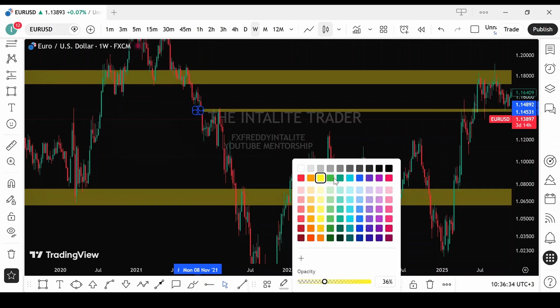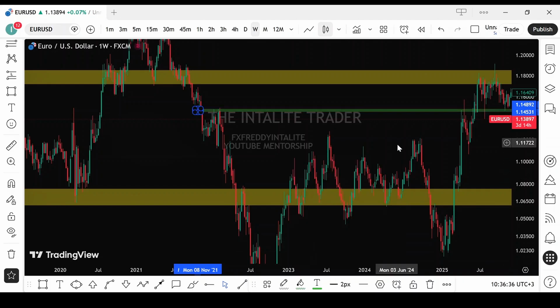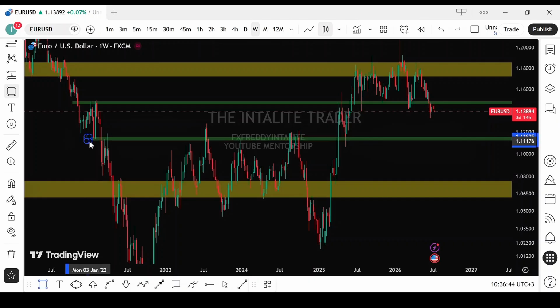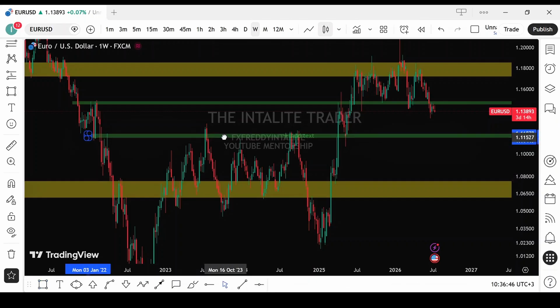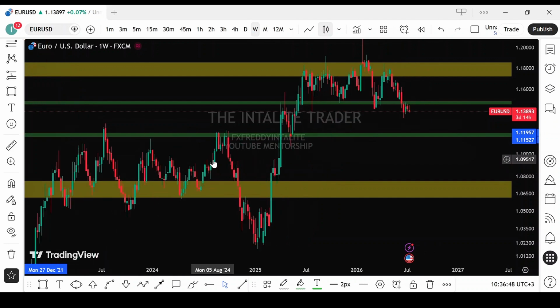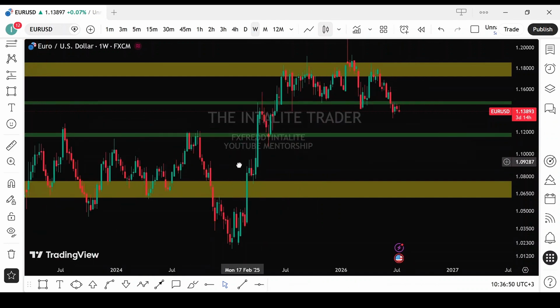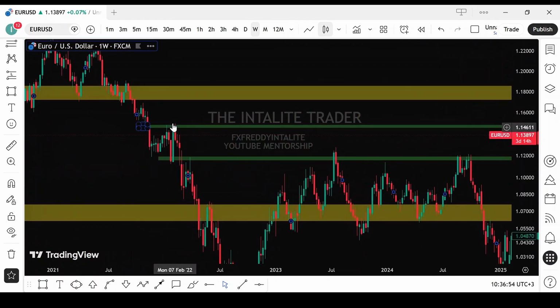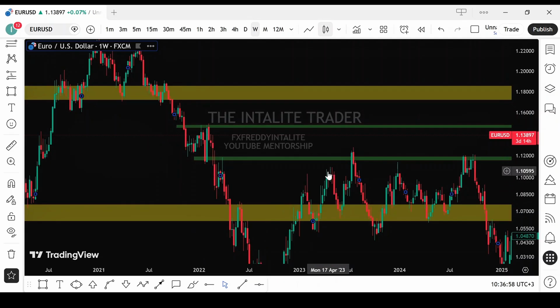You also mark this level. So you realize these levels you have marked in between the monthly levels are weekly levels.